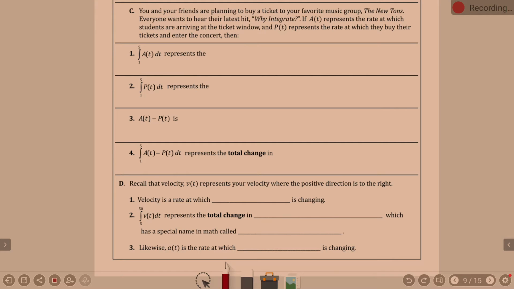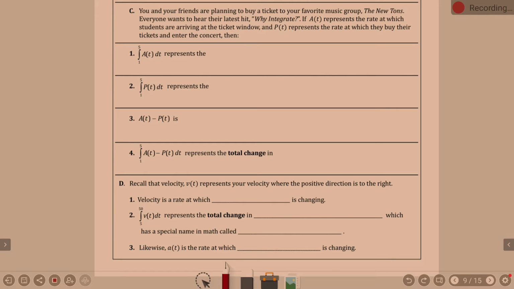A of T is just them arriving at the ticket window, so this is them getting in line. Would the integral of A of T dt be the number of students arriving at the ticket window? Yeah, essentially, from the time interval from 1 minute to 5 minutes. So it's the number of students getting in line, basically.